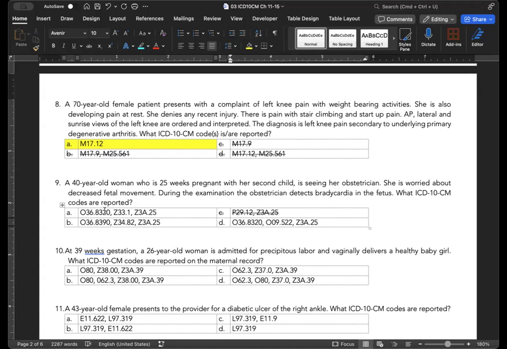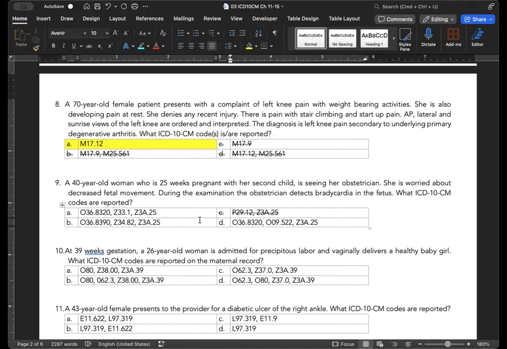And since it is a single gestation, meaning there's not multiple fetuses, we're going to use the 0 7th character for not applicable. So O36.8320 is for maternal care for abnormalities of the fetal heart rate or rhythm in the second trimester. And then 8390 would be for an unspecified trimester.